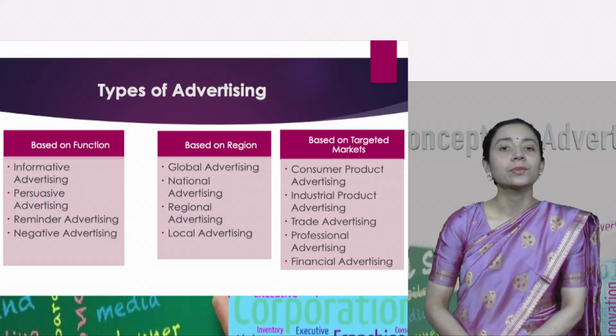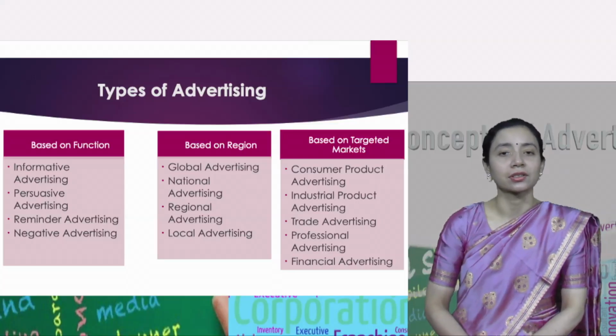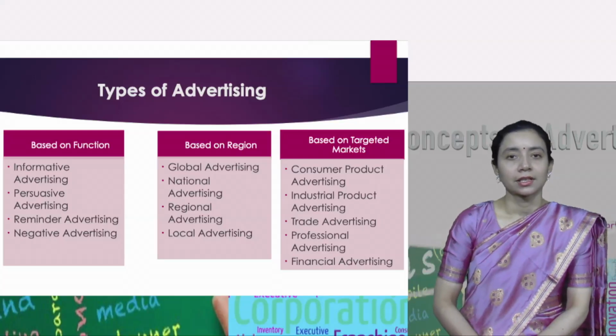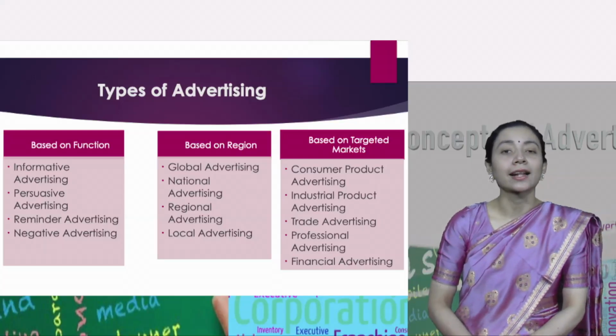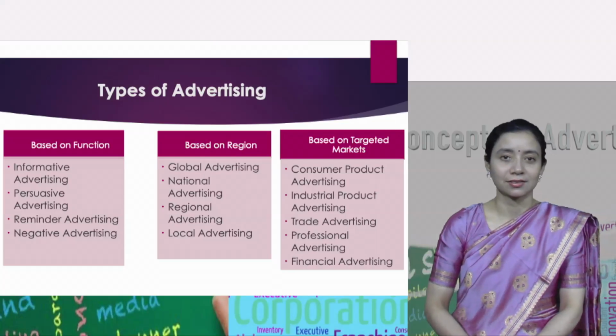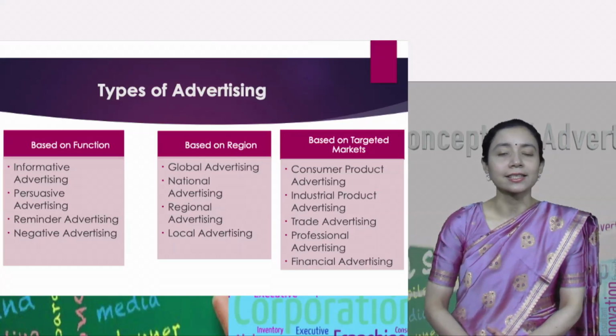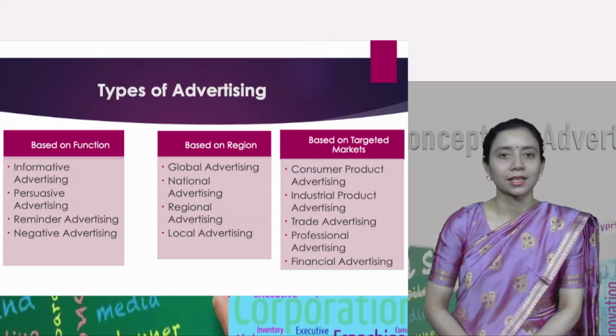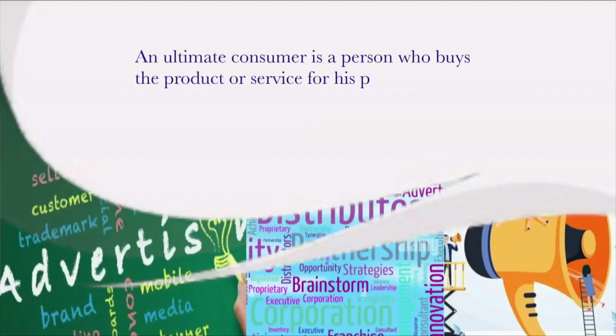Then a third most important category of classification is based on targeted markets. The first important type under this particular category is consumer product advertising. Now this advertising is done to impress the ultimate consumer. An ultimate consumer is a person who buys a product or service for his or her own personal use.